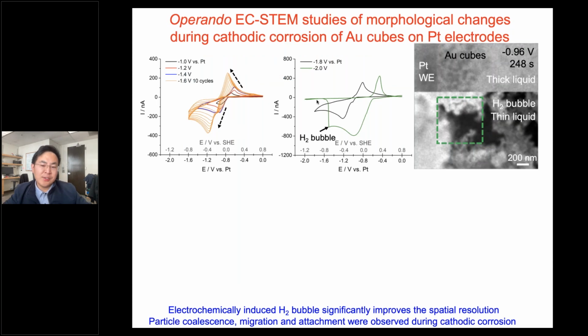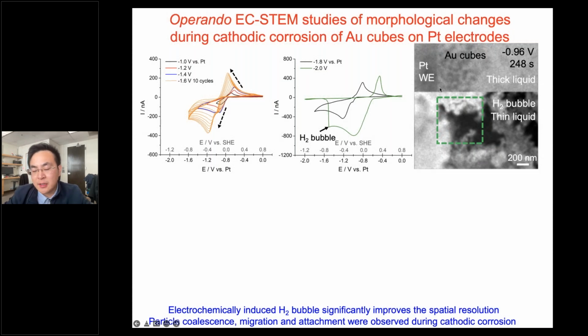As you can see here, this is the electrochemical behavior, and we do see accumulation of reaction intermediates, which we think could possibly be metal hydride forming in the platinum nanoparticles. The important thing I want to point out is that at about below minus 1 volt, we see a dramatic drop of current. This corresponds to the formation of a hydrogen bubble and the creation of a thin liquid layer. The liquid thickness was estimated to be about 100 nanometers by EELS measurements.